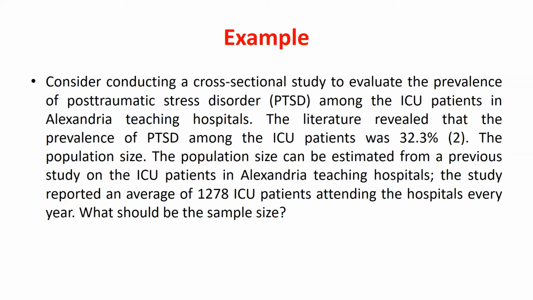Observational study, cross-sectional study. Okay, perfect. And what's the reported prevalence based on previous literature? 32.3%. And what's the total population, the number of the target population in this case? 1278. Perfect. So now I want to calculate the sample size.